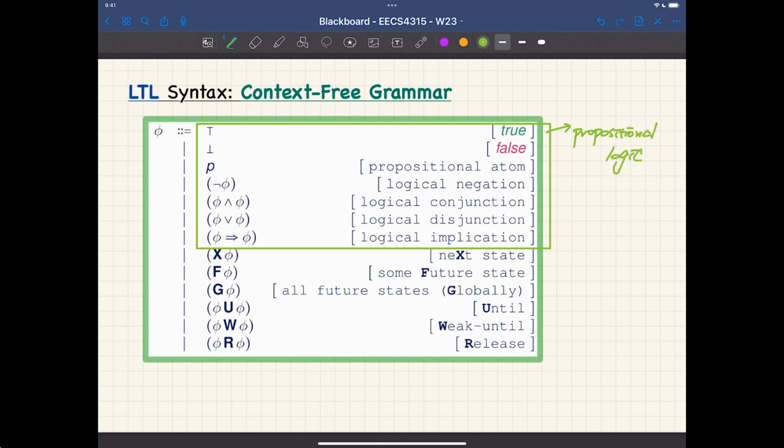Okay, and I will talk about how you can really interpret this. In order to define this, let me give you one example, just start with something simple. If I say I have a phi over here, by definition, it could be maybe phi and phi.